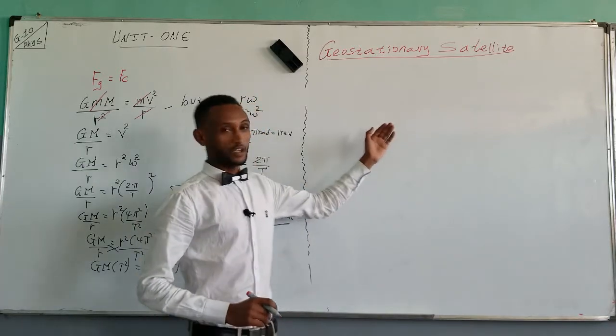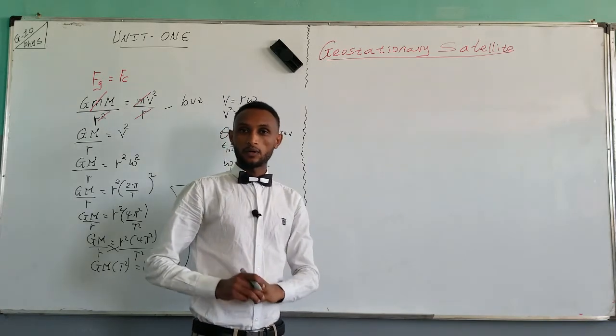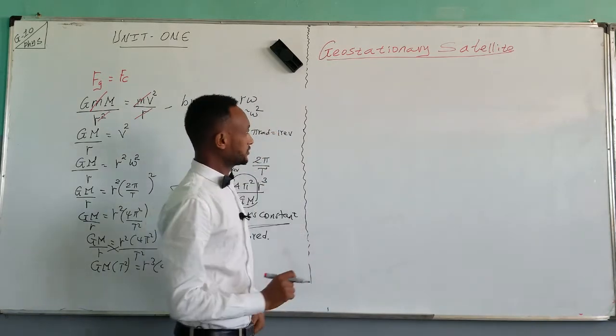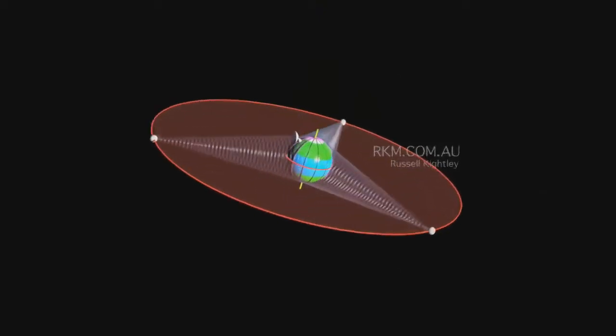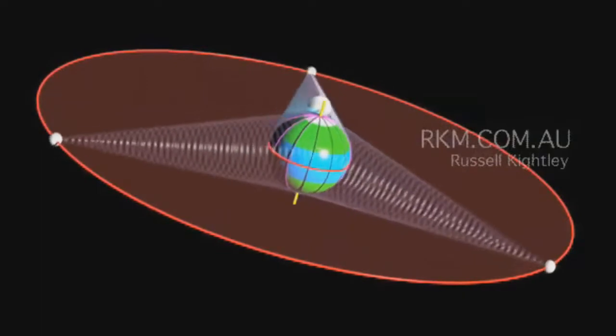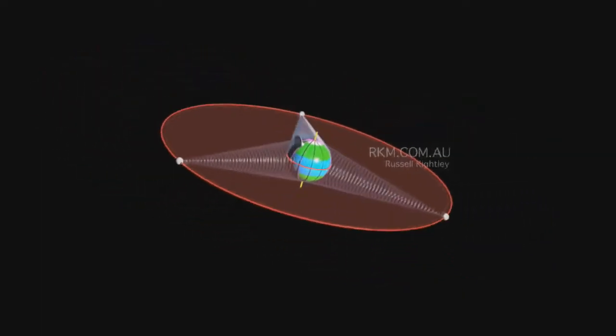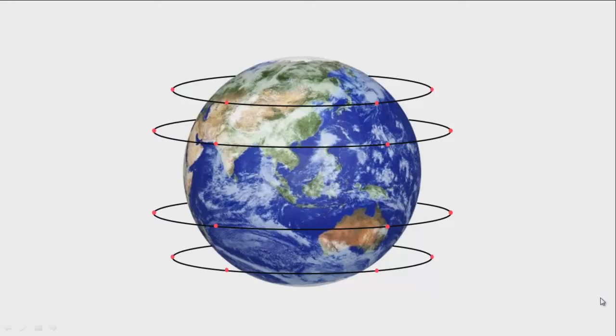Geostationary satellites are satellites that orbit the Earth at the equator with the same angular velocity as the Earth. Now, the satellite orbits around the equator of the Earth's surface with the same angular velocity as the Earth.